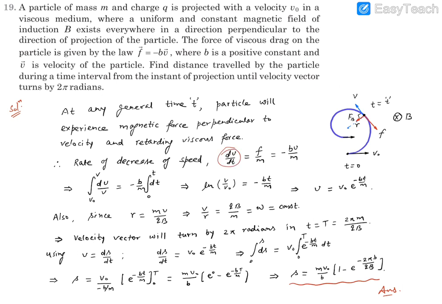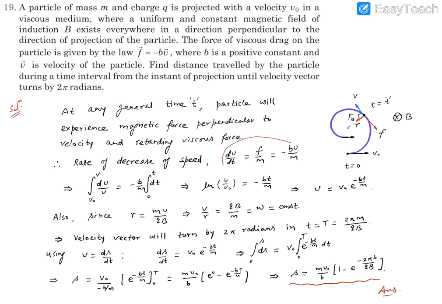So dv by dt is going to be F by m, which is minus bv divided by m, where the minus sign says it's decreasing, and the rate of decrease is directly proportional to the speed. That means when the speed is more initially, the decrease will also be faster. As the speed decreases, the rate of decrease also decreases. That's what we can say.